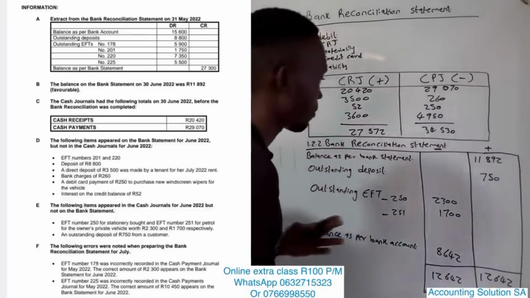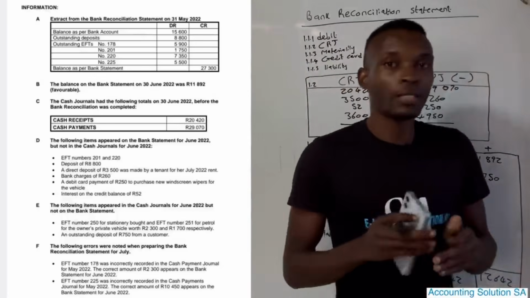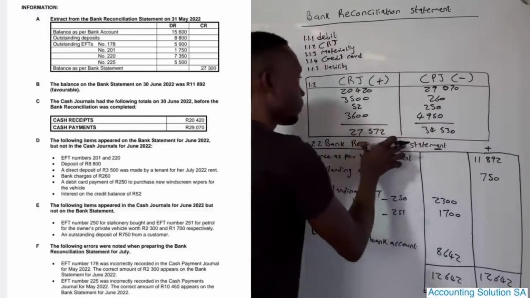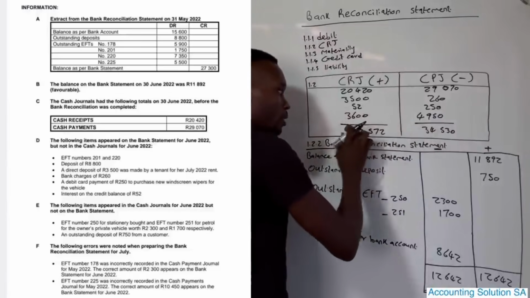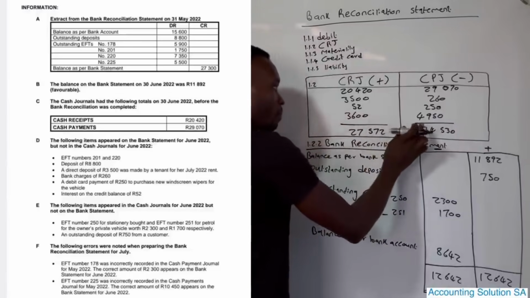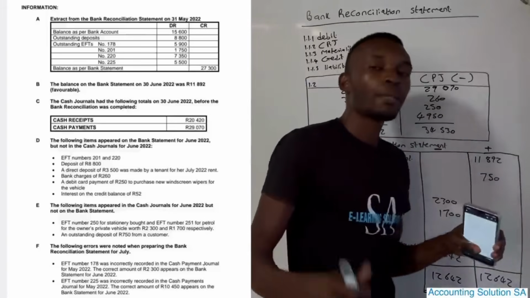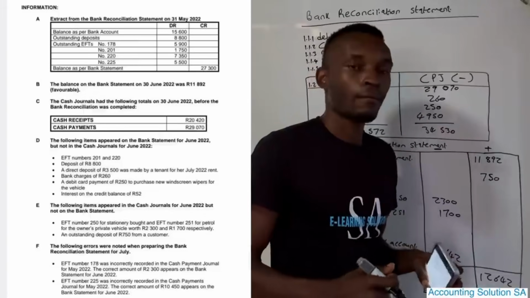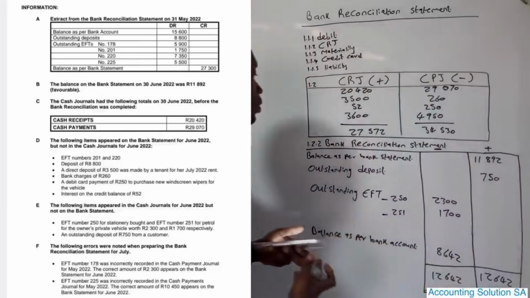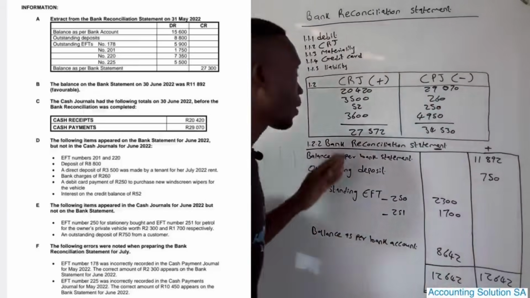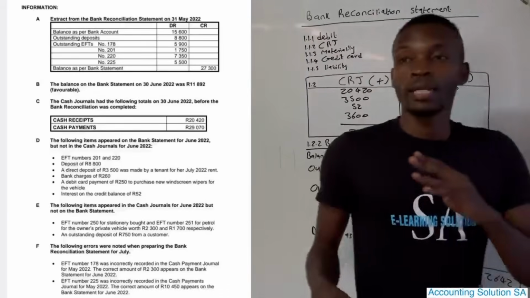We get it as a balancing figure. But in other question papers, you are going to calculate it from this balance, this one minus this one. But you must be given the opening balance at the beginning as per bank account. So that's what this bank reconciliation needs.